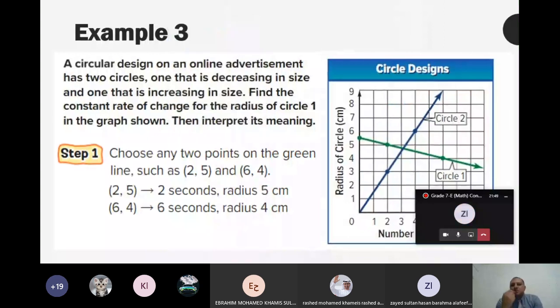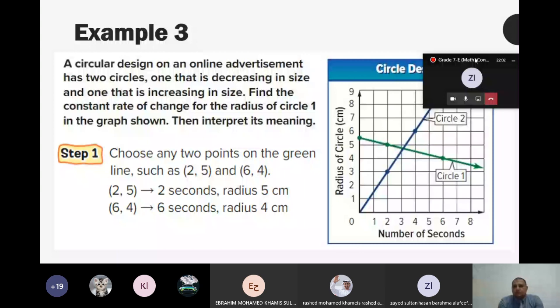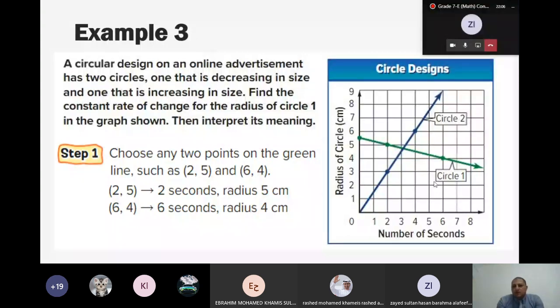The first step is to choose any 2 points on the green line. On the green line, we can see 3 fixed points. This point is (6, 4), this point is (2, 5), and this point is (0, 5.5).